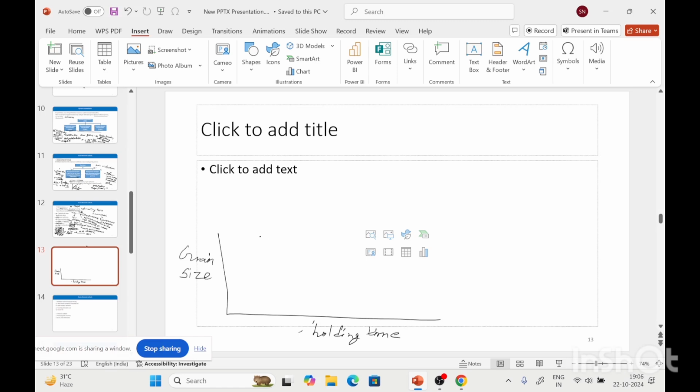The grain size decreases with holding time for a certain period of time, and the grain size will start to increase after some time. So this part of the curve is related to the fading effect.